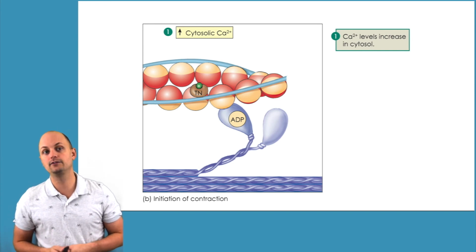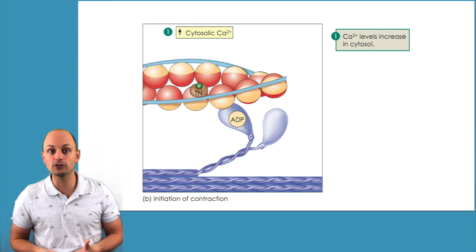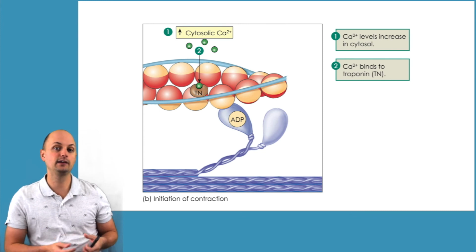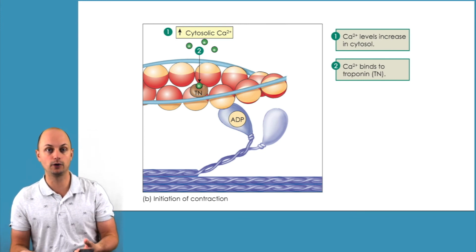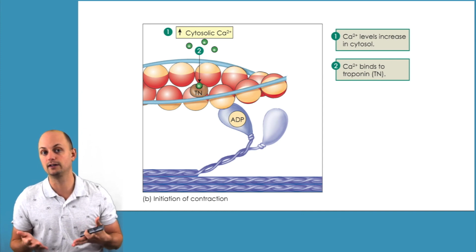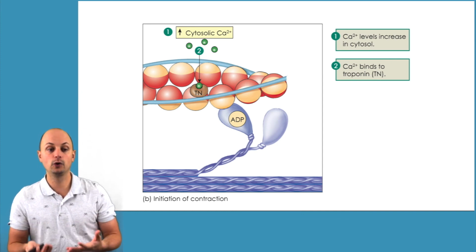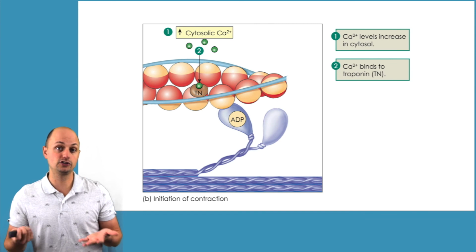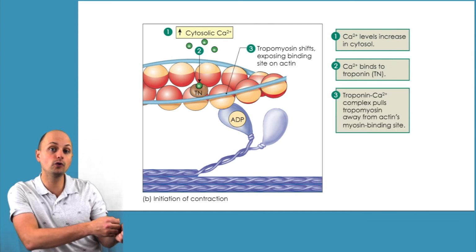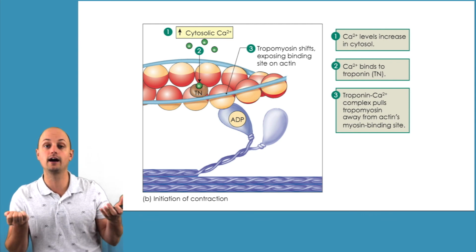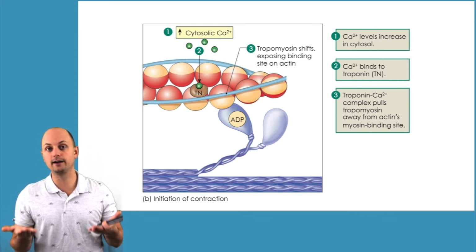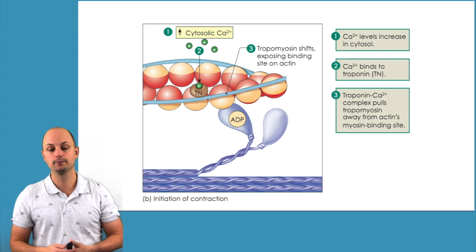So when the calcium level inside of the cell increases, that calcium can bind to the other regulatory protein, which is troponin, specifically to troponin C. That troponin will then create a conformational change that will pull the tropomyosin out of myosin's binding site on actin. This makes binding physically possible.